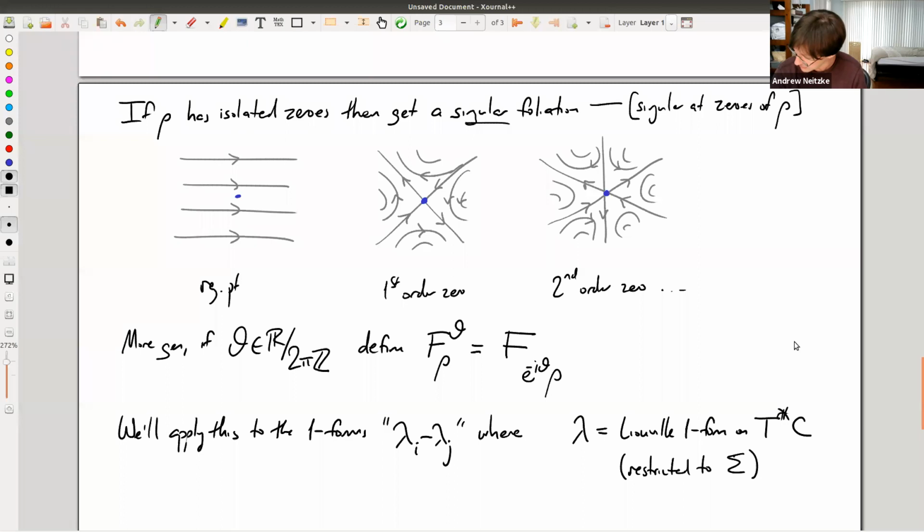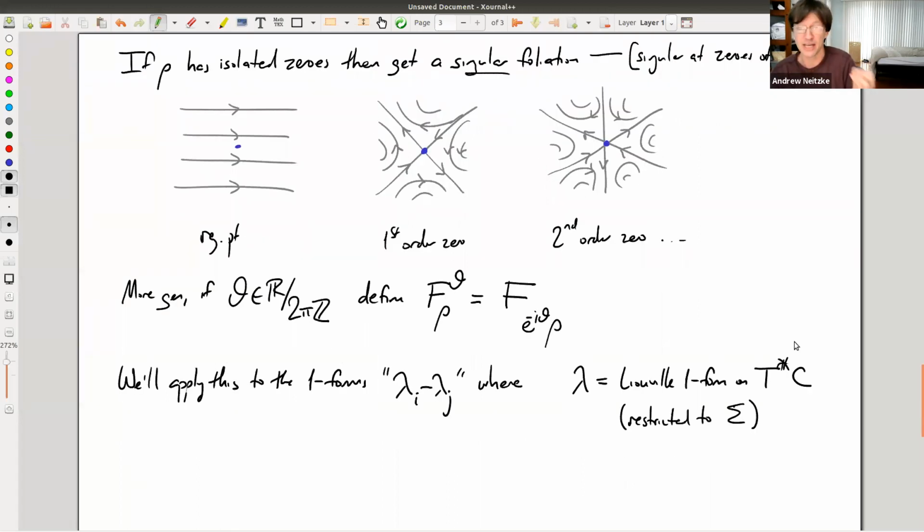But as it turns out, we don't want to use that one form to make a foliation. Instead, we want to take the difference of the values of the one form on two different sheets and pull them down to the base, to make a one form there. So lambda i is the pullback of lambda from sheet i.